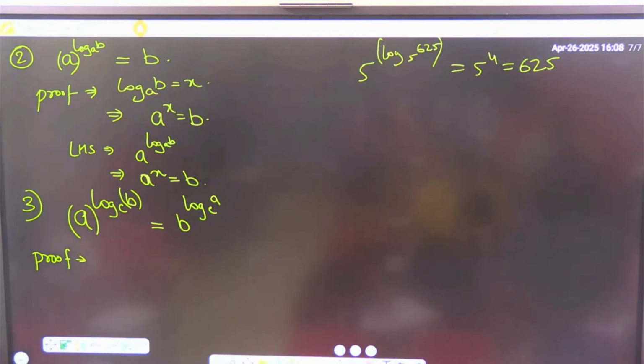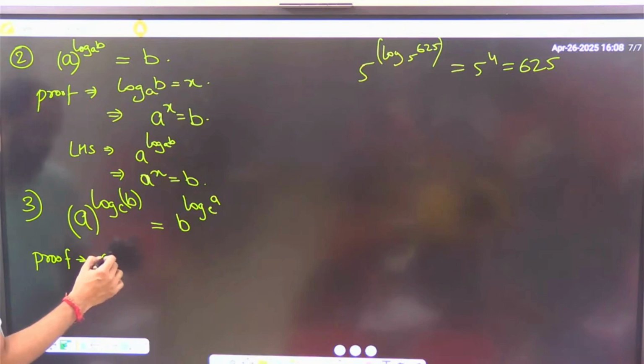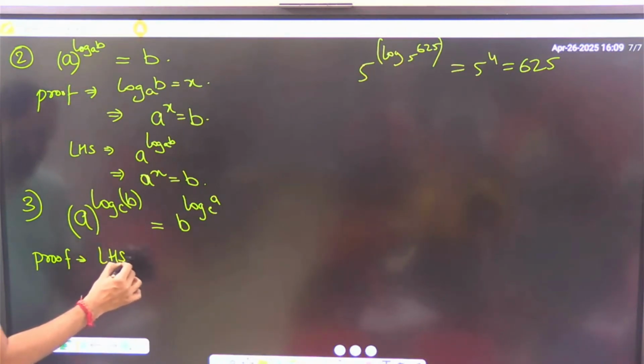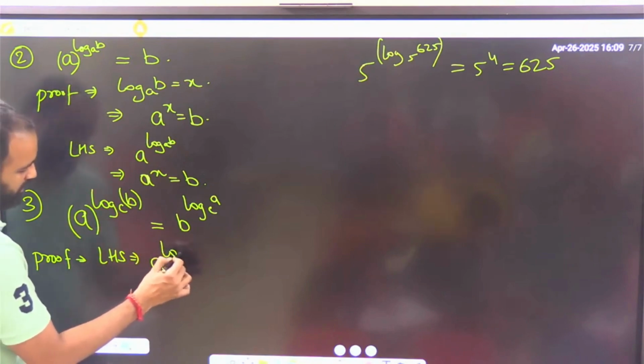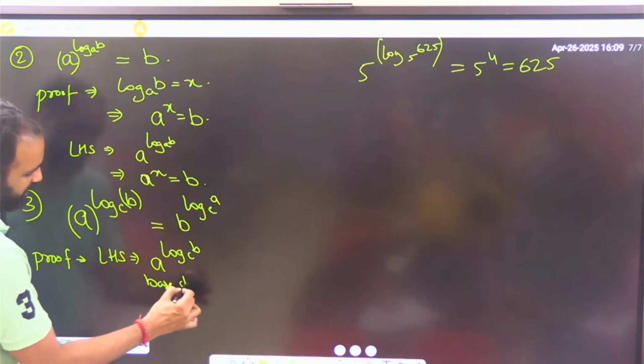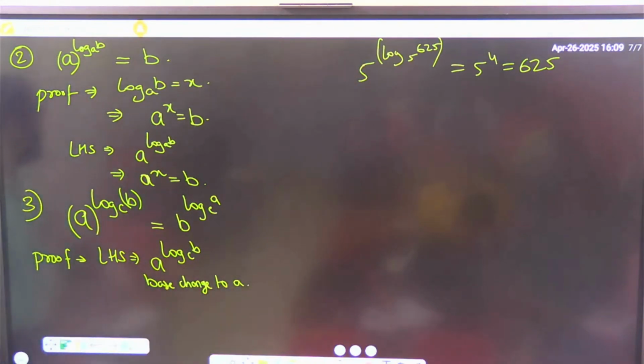Proof. Okay. We start on the left hand side: a to the power log b to the base c, and apply a base change to the log. Base change to a.